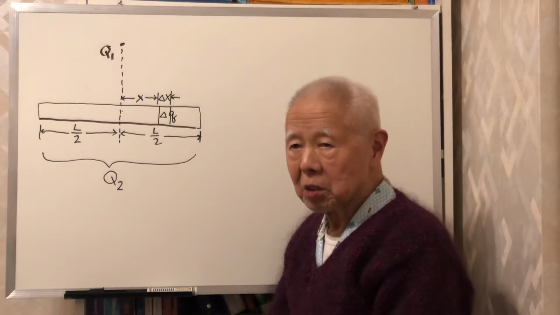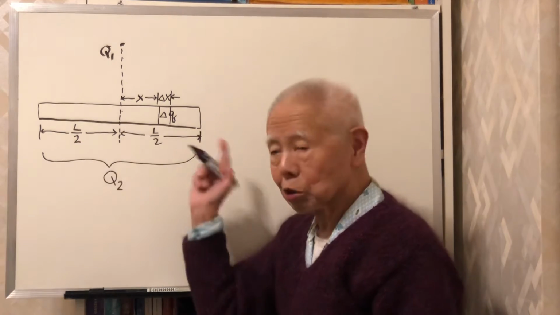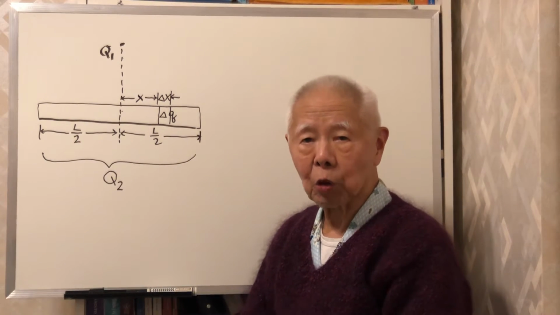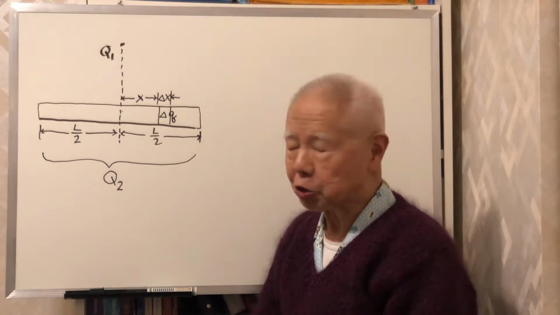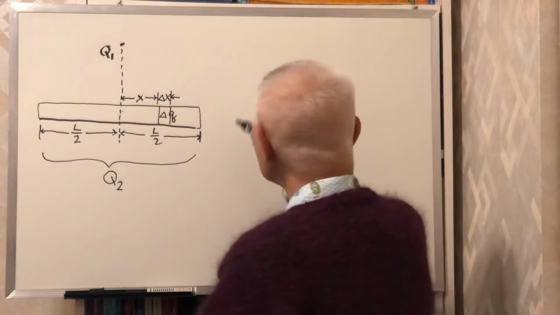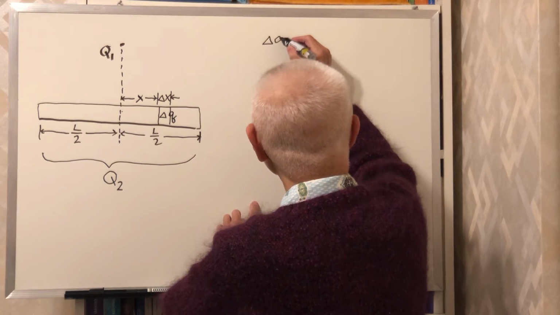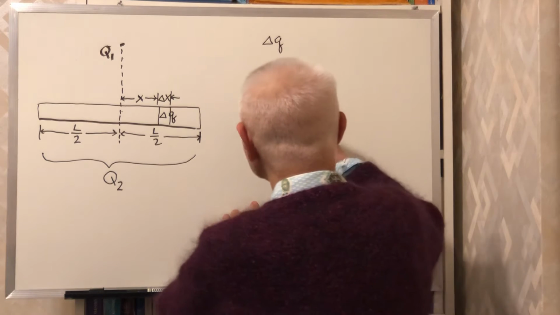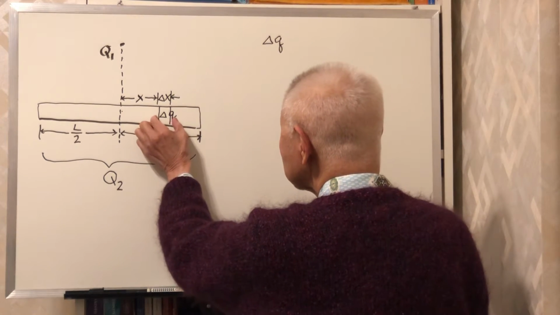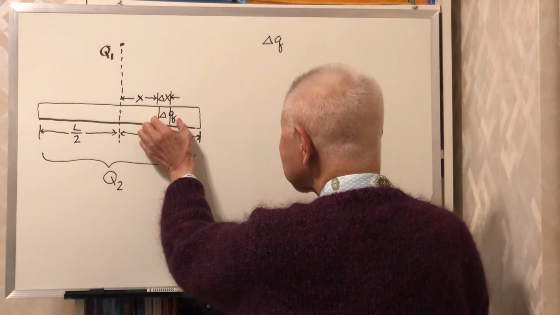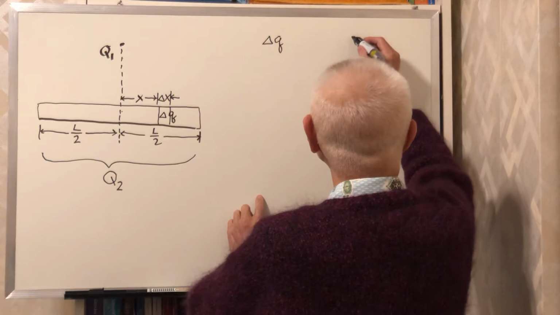How big is delta Q if the total charge of the rod is Q2? We use proportion. What is delta Q? The length of this section is delta x.